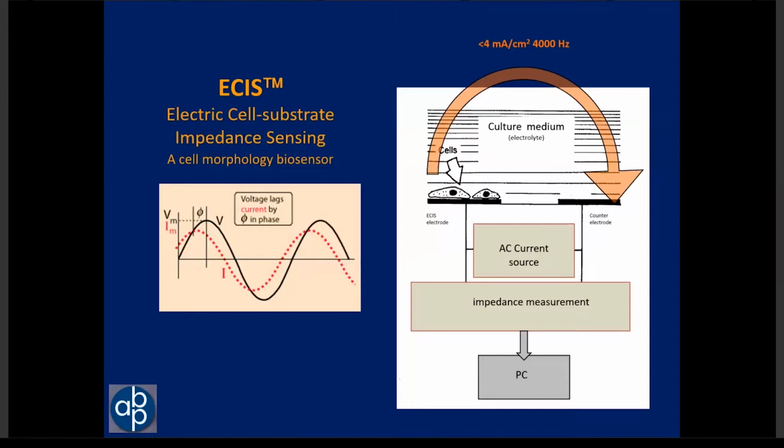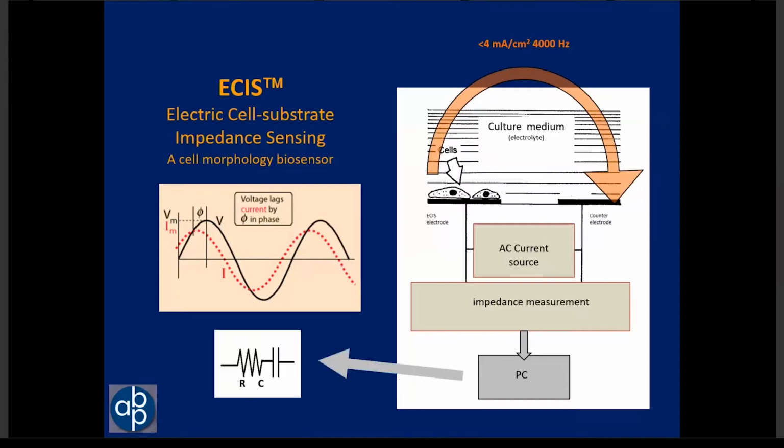Knowing that angle and the amplitude of the voltage, we can break the impedance into its components, namely a resistive portion and a portion due to capacitance, which is coming from the gold metal electrodes being affected by the capacitance of the cell membranes.